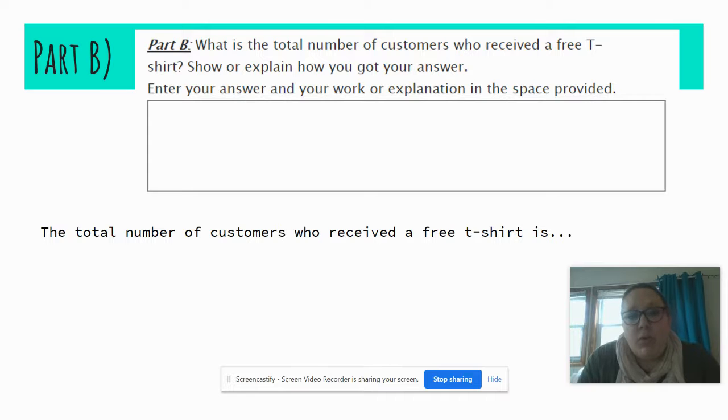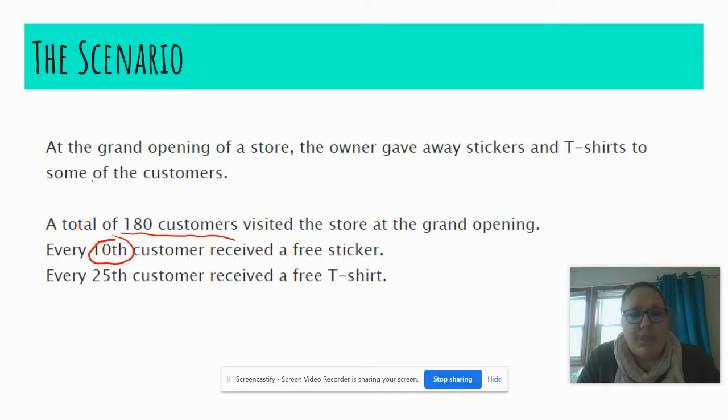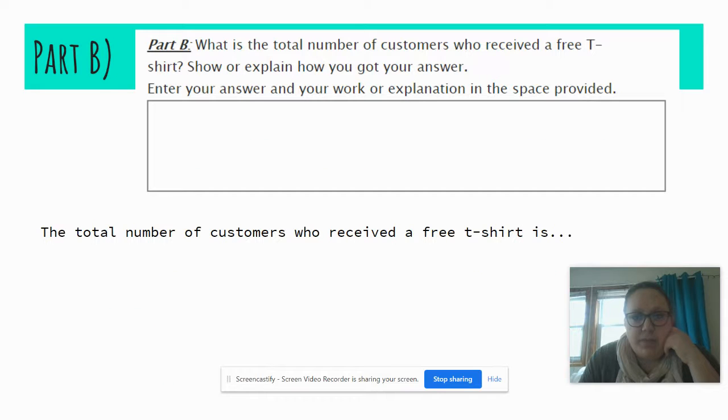Okay, what is the total number of customers who received a free t-shirt? Show or explain. So let's go back. We still are at the 180, and we know that every 25th gets a free t-shirt. So we're going to be counting by 25s. Let's see.